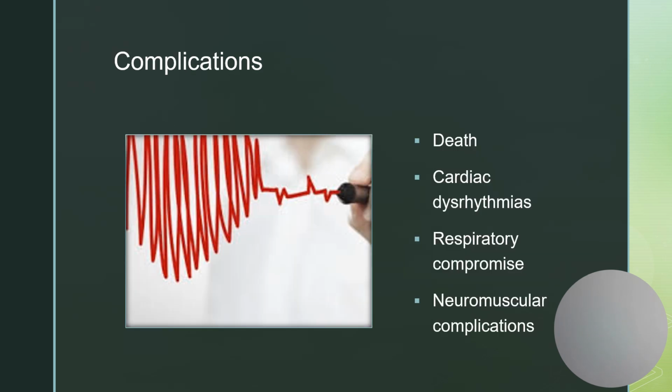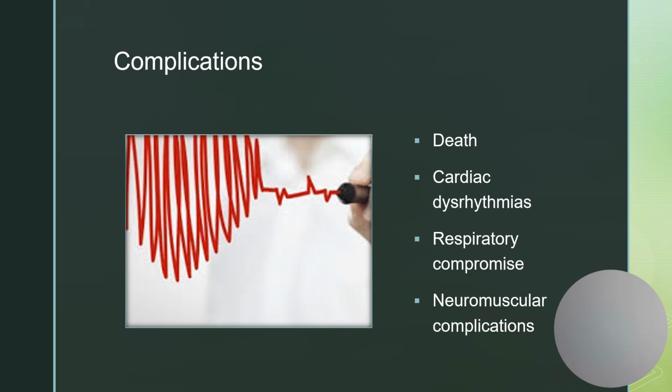Complications of fluid and electrolyte imbalances can include death and cardiac dysrhythmias. Electrolyte imbalances can cause cardiac dysrhythmias, and fluid volume deficit and excess, in addition to dysrhythmias, are going to affect cardiac output, which is the amount of blood that our heart puts out every minute.